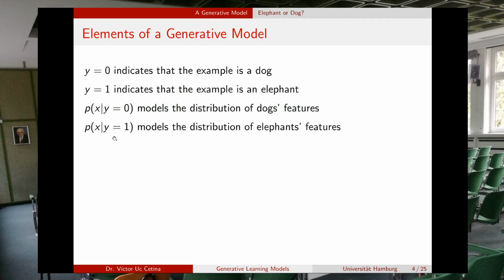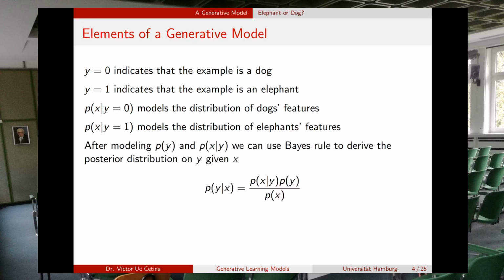And the same, we will need to estimate the conditional probability for elephants. What are the probabilities that some elephant will have some height and some length in its tail? So the problem in these generative models consists in estimating these probability distributions. Once we have done that, then we can apply the Bayes rule to make our classification.